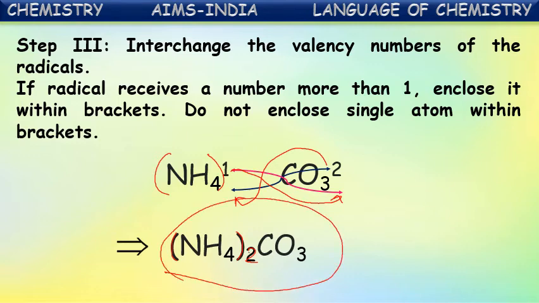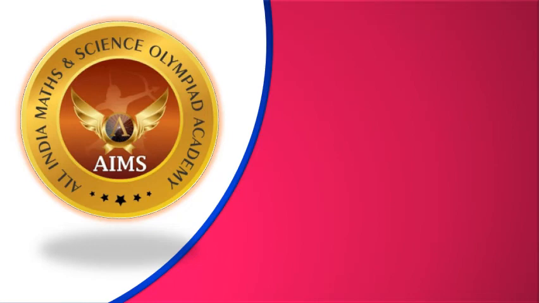NH4 twice, 2 means twice, 3 means thrice, and if you have 4 it is taken 4 times. So (NH4)2CO3. This is how to write the formula using the crisscross method.